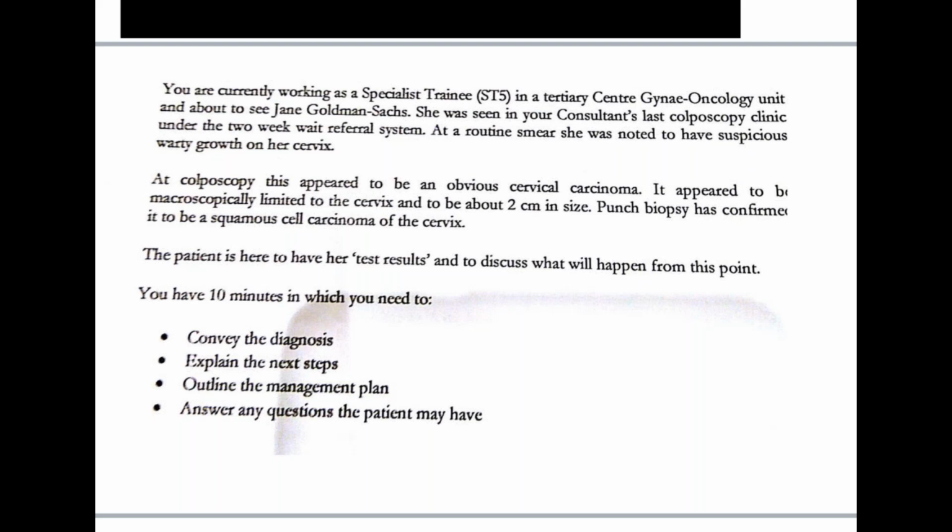So, what is the best option of treatment for cancer cervix? Whatever the stage, it is to remove everything, to do total abdominal hysterectomy, bilateral salpingo-oophorectomy, right? And this is if the patient has completed her family or if she has an advanced tumor.